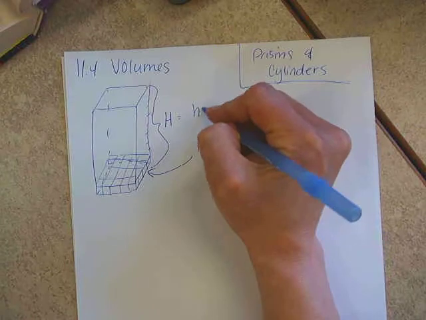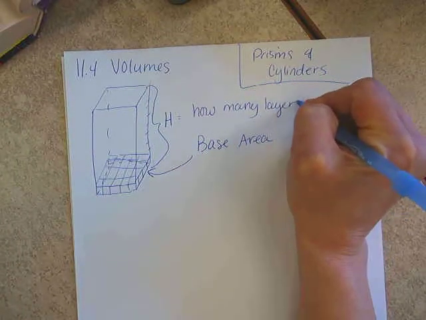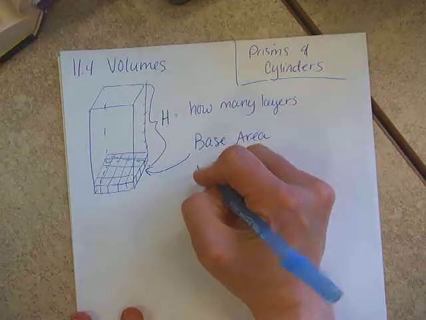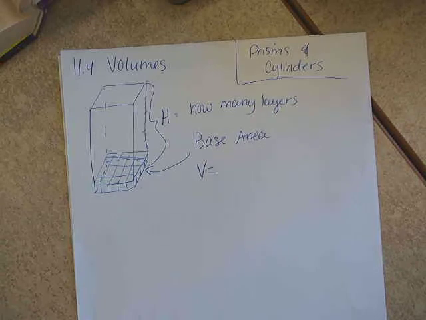So the height answers the question, how many layers of our base area? So the general idea of the formula for volume of a prism or cylinder, now the cylinder might seem different because those are circles and we wouldn't fill them up with cubes, but the same idea applies.